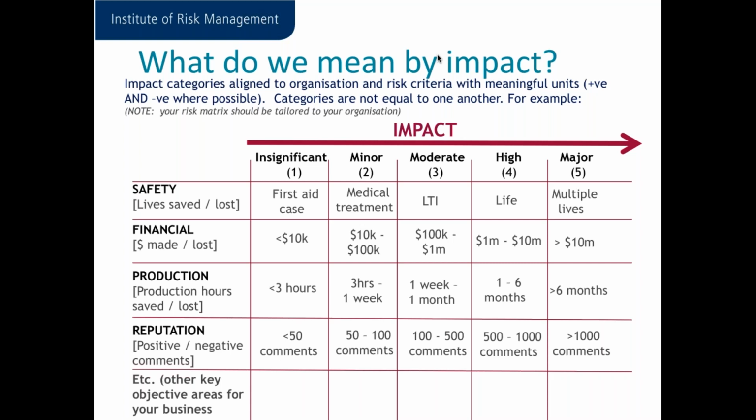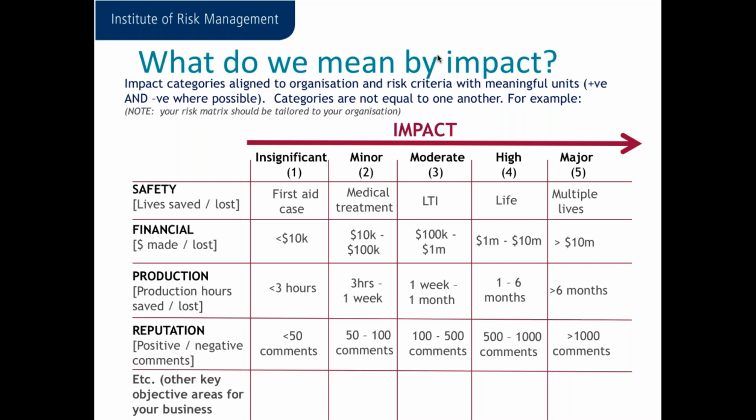I've worked with an organisation recently where their high impact on EBIT, which is earnings before interest and tax, was anything over £1 billion, which is something that a lot of you will probably be a little shocked at, but that's at corporate level. Their insignificant impact at corporate level was anything under £100 million.